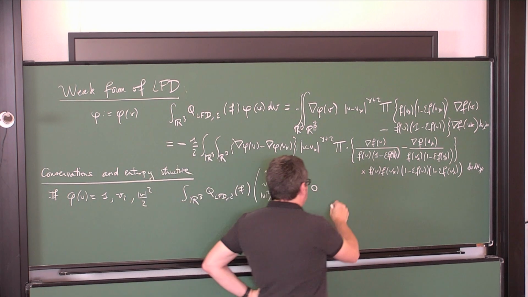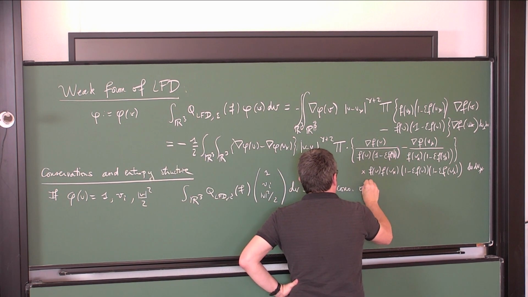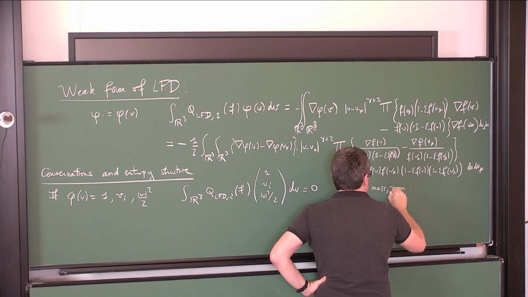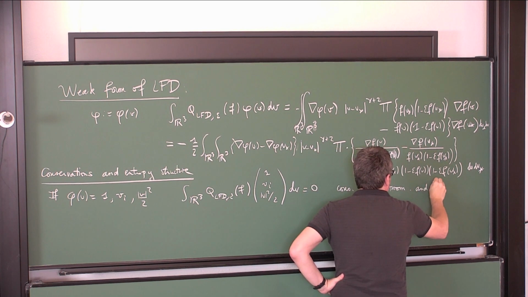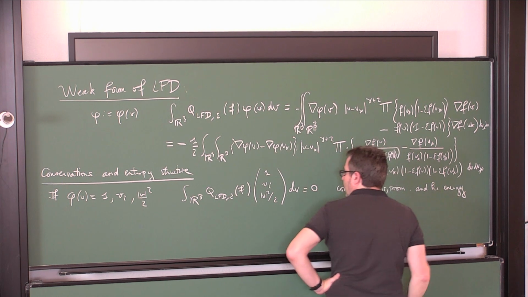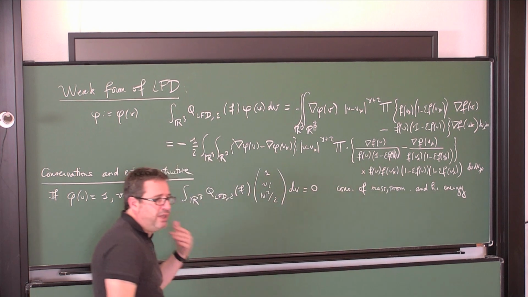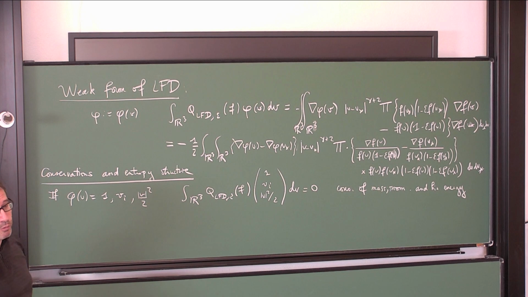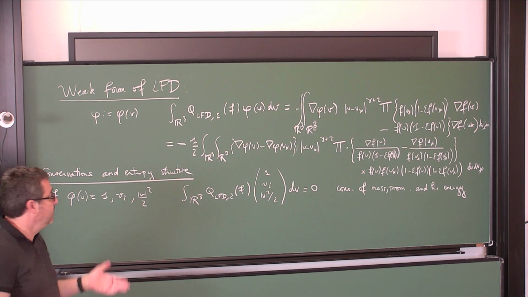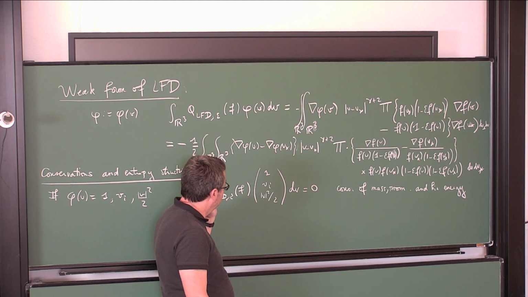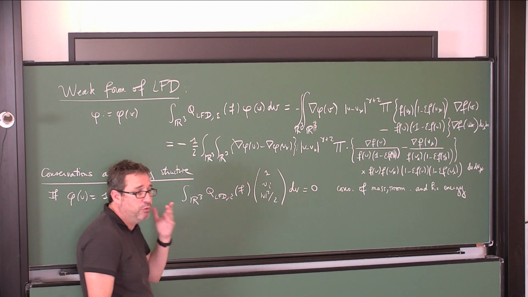And those are conservation of mass, momentum and kinetic energy. So at this point, if you now think of the evolution equation associated to the operator, you see that it's enough to take functions for which the mass, the momentum, and the kinetic energy are fixed a priori.